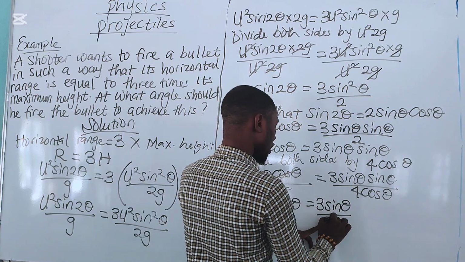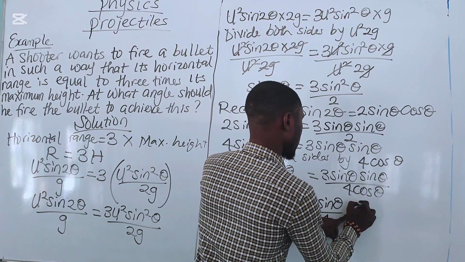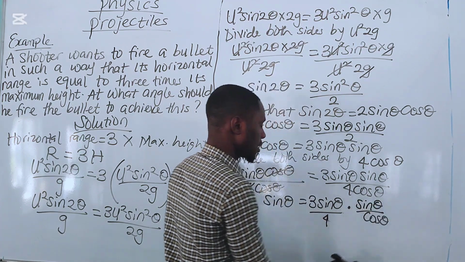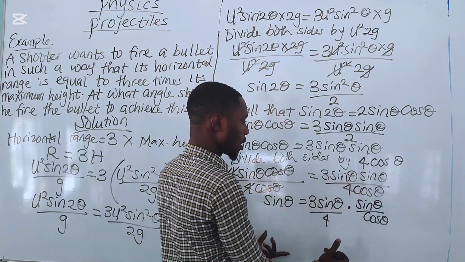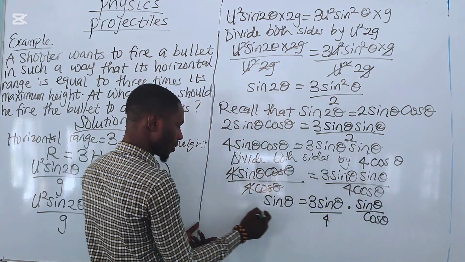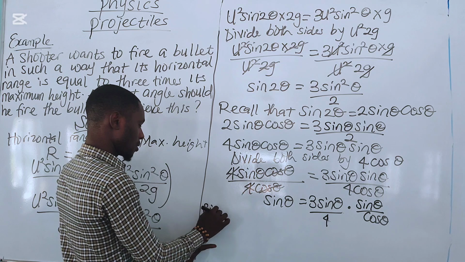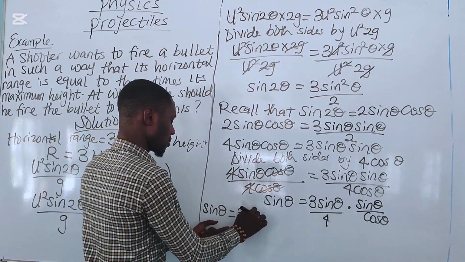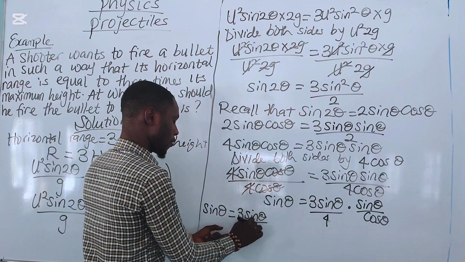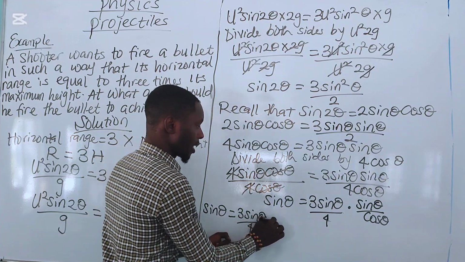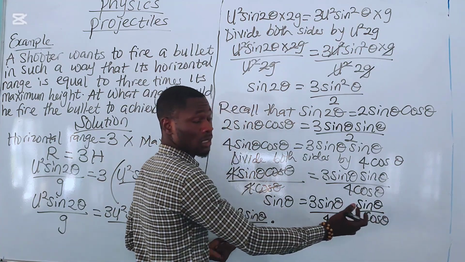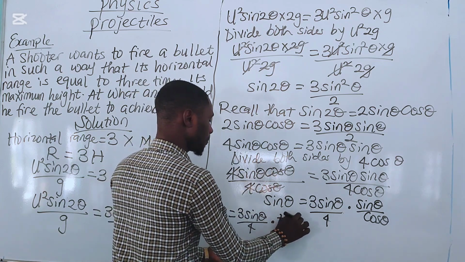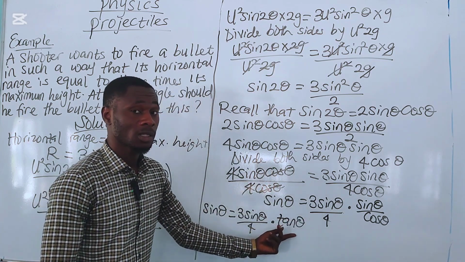Let me put it as 3 sine theta multiplied by sine theta over cos theta. So rearranging them, I have sine theta equals 3 sine theta over 4, now multiplied by sine theta over cos theta, which is the same thing as tan theta. So I'll put it as tan theta.